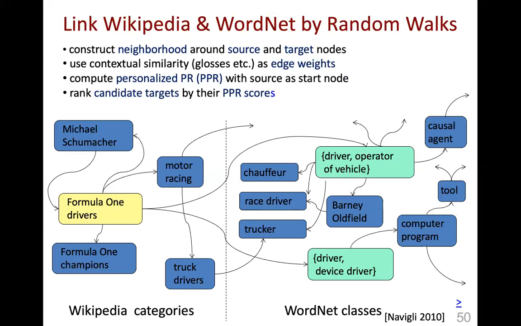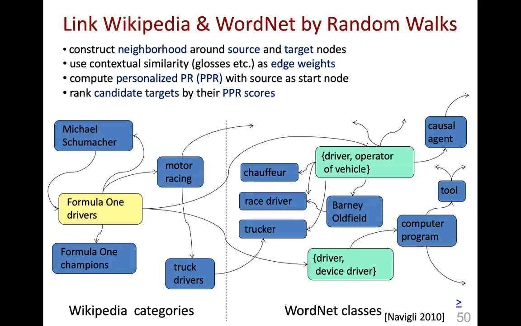So we can actually construct a linked Wikipedia and WordNet by random walks. So we can construct a neighborhood around the source and target nodes. So basically, neighborhood is like what is immediately connected. Then you can use contextual similarities and glossaries as edge weights. Or you can even use word embeddings and compute the actual distances in a Euclidean space to build these edges.